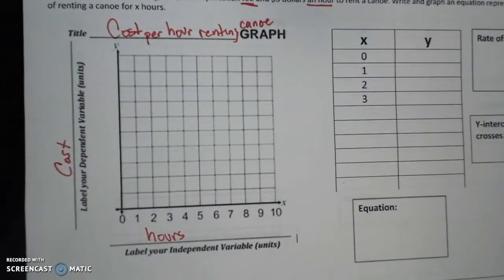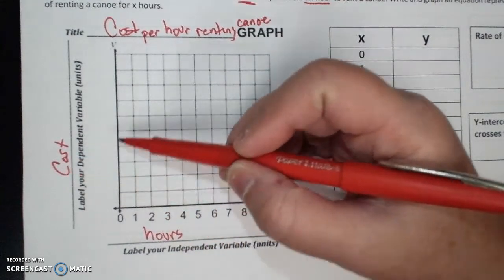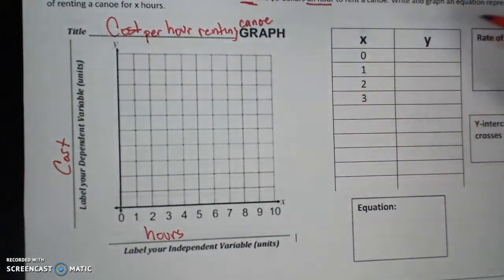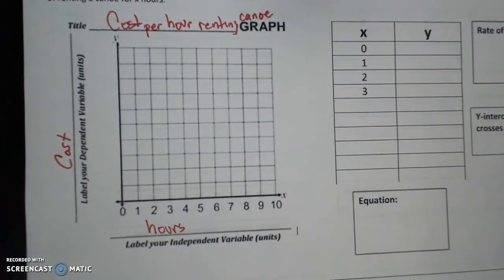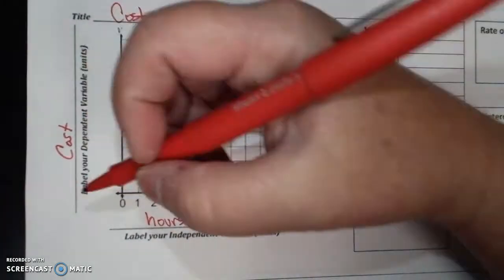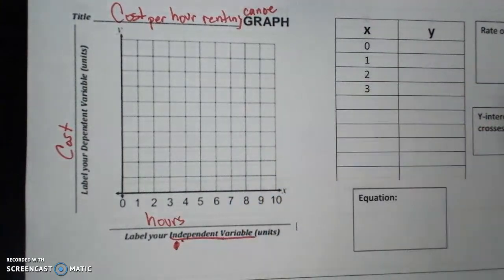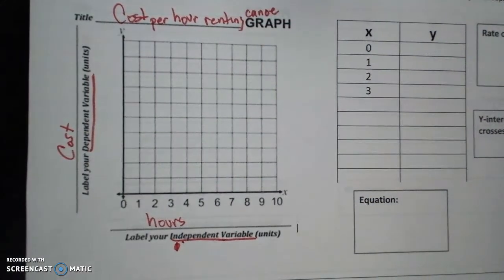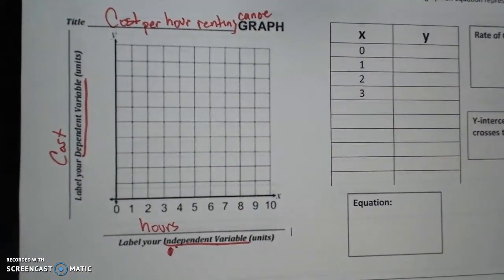Now, one of the easiest ways to get a title is to do cost, the y title, per the x title. Also, we're going to add a little bit of information: notice that x is always your independent variable, and y is always your dependent variable.